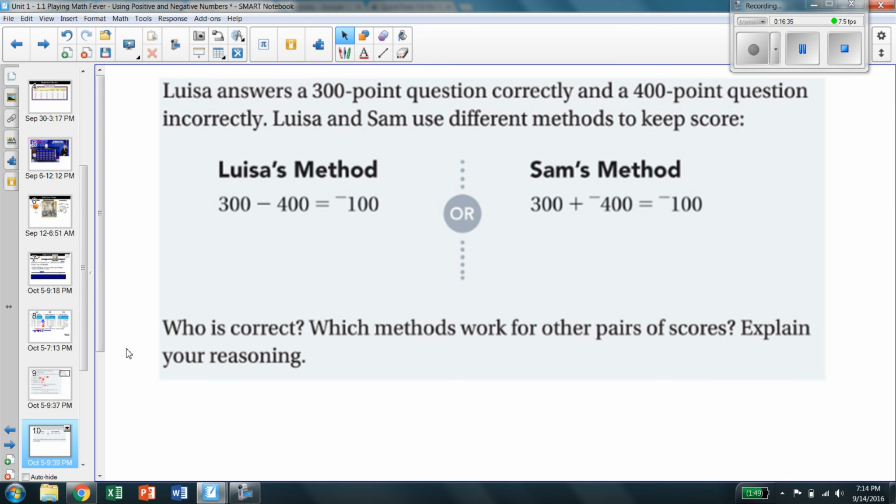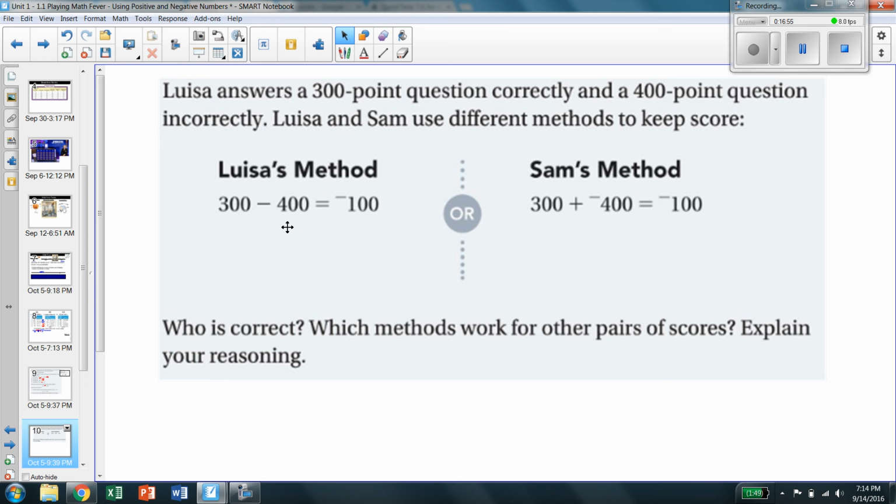Lastly, let's finish here. Louisa answers a 300-point question correctly and a 400-point question incorrectly. Louisa and Sam use different methods to keep the score. This is how she did it. This is how he did it. They're very similar. They both start with the 300-point question correct, so they have that in common.